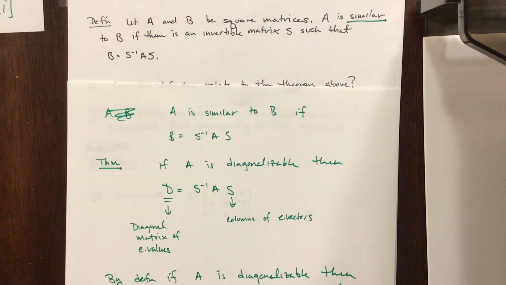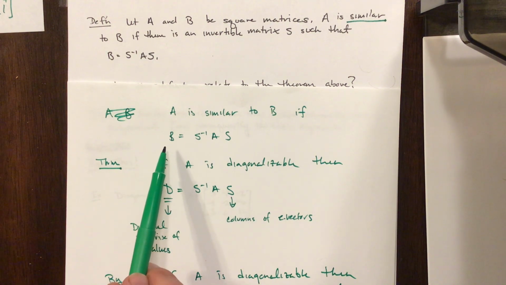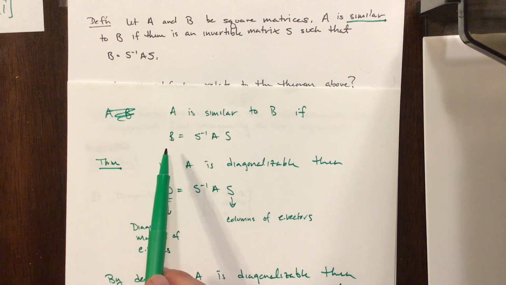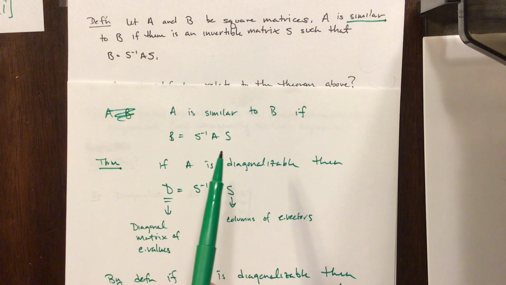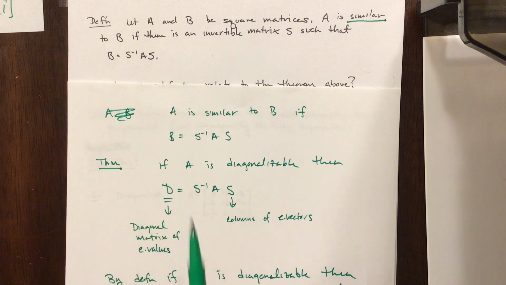So if A is diagonalizable, then A is similar to D, a diagonal matrix that has the eigenvalues of A along the diagonal. In general, if A and B are similar to one another, it's not necessarily true that B is a diagonal matrix. A and B can be similar where B is not a diagonal matrix. It's just that there exists some invertible S such that when you multiply S on the right and S inverse on the left, you get the matrix B.